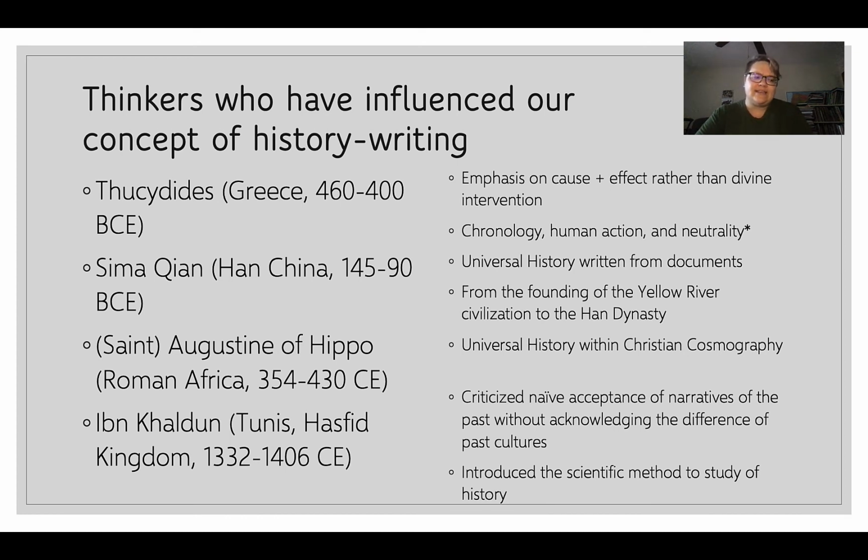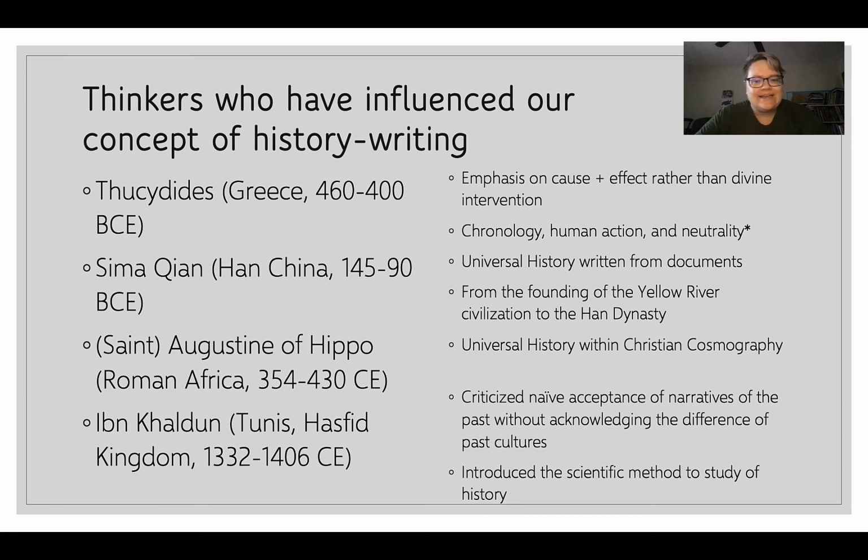Essentially emphasizing that the past is a foreign land and you have to know the customs and the traditions of the foreign land in order to even begin to understand, right? And that was a really important development, and that happened quite a bit later on.